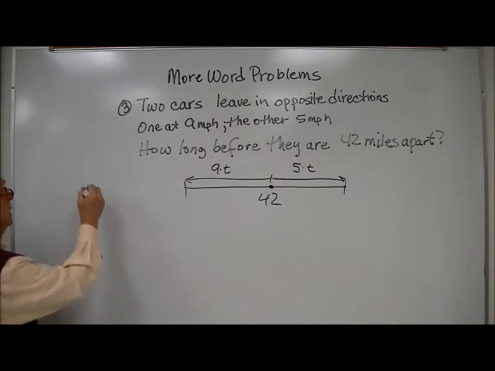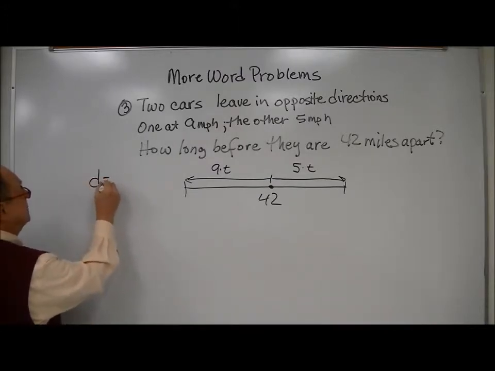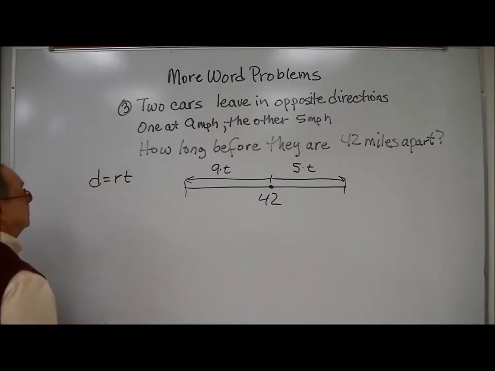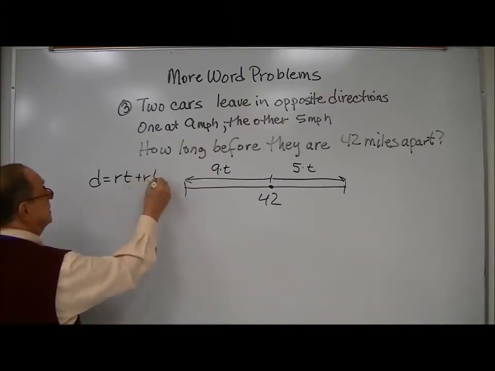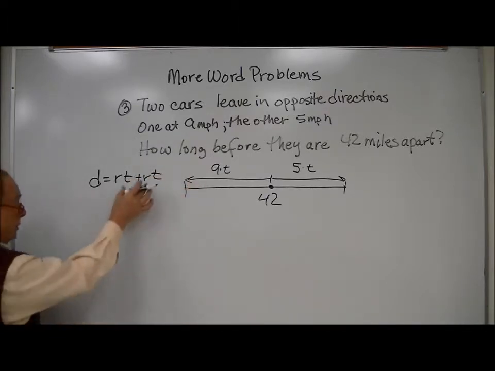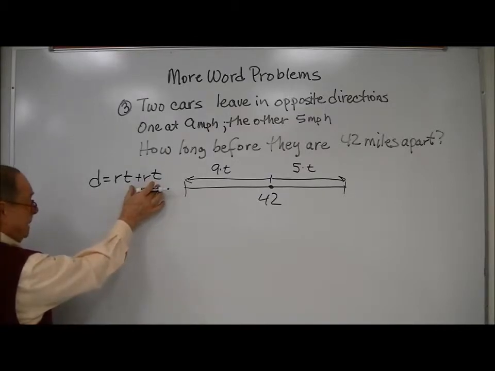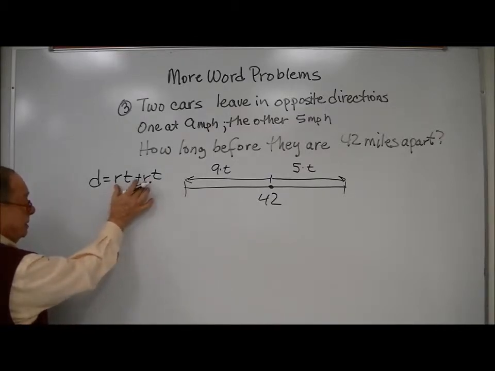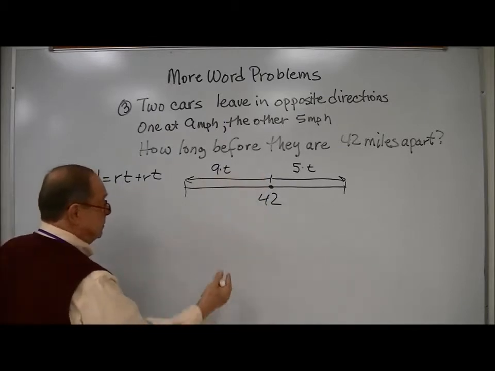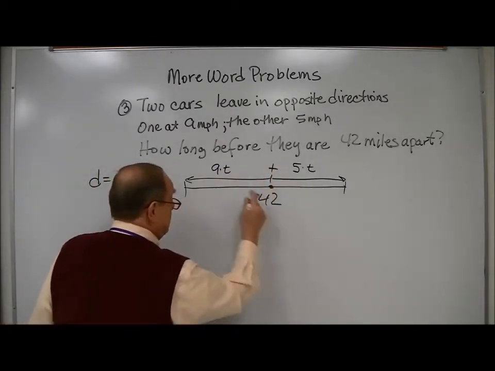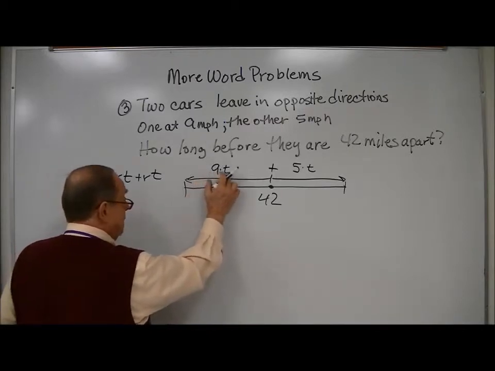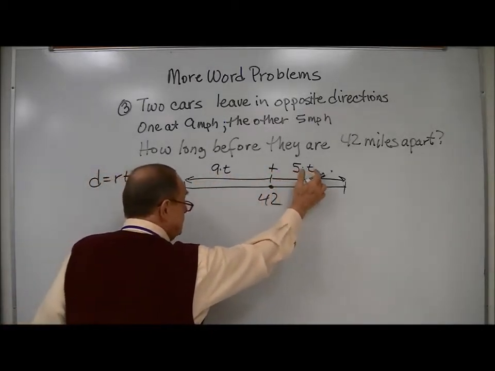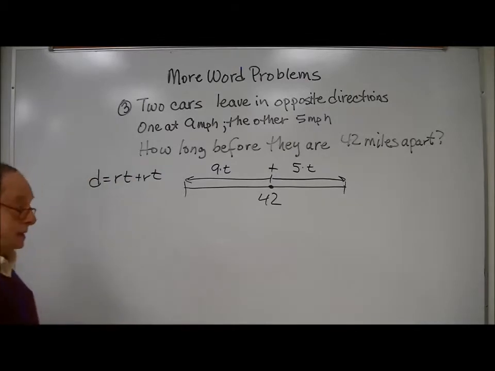So again, thinking of that formula, distance equals rate times time, we just have two sets of distances here. We know the times are the same. One rate is 9, one rate is 5. And that's what we have here. So we're going to add this rate times time plus rate times time to give us distance.